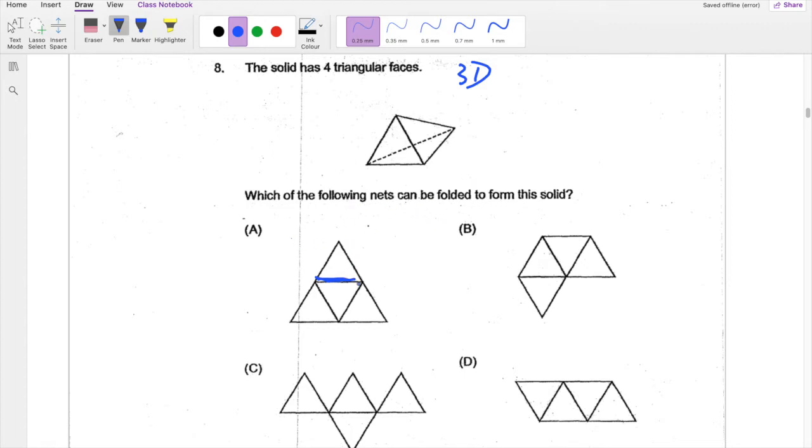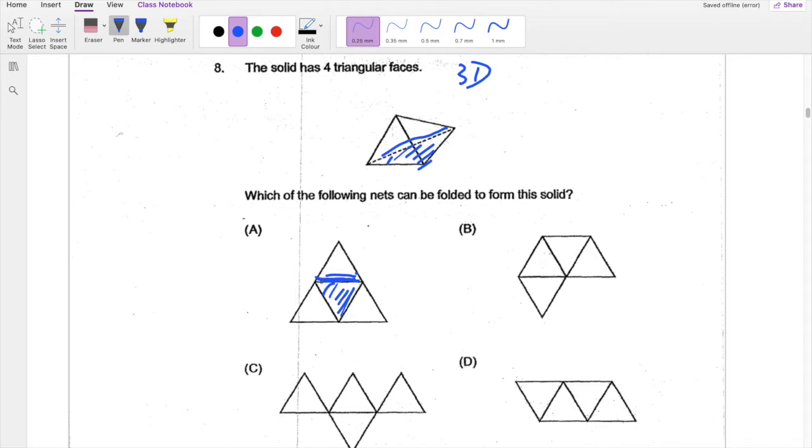So let's see the first one. Consider this one as the base. With this side, if you fold it, this triangle is the one behind.